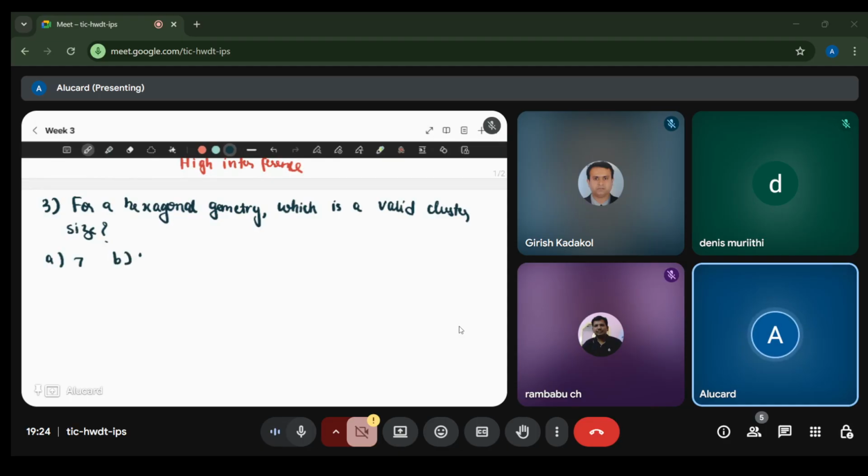We have A: 7, B: 12, C: both A and B, D: neither A nor B. This is actually something we studied last week.